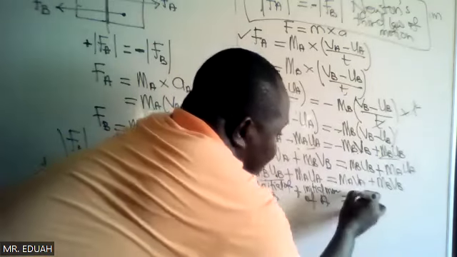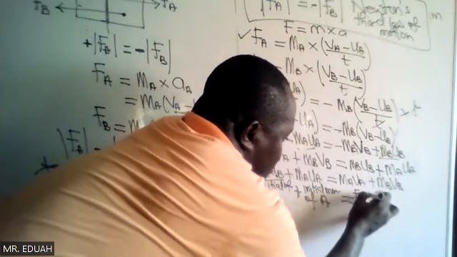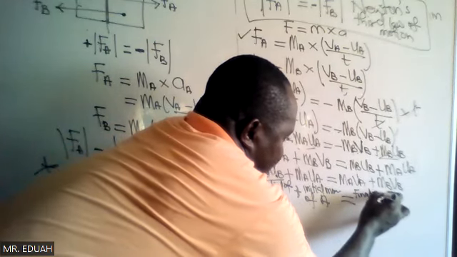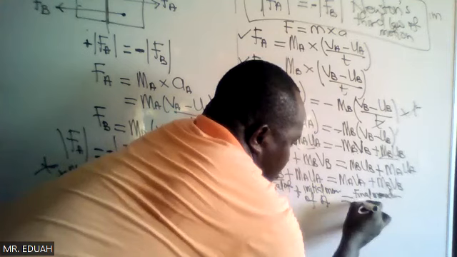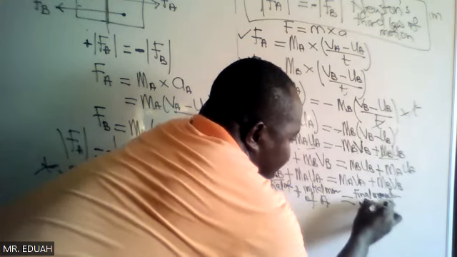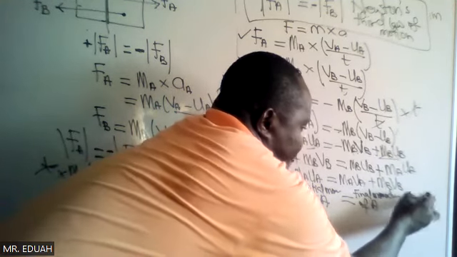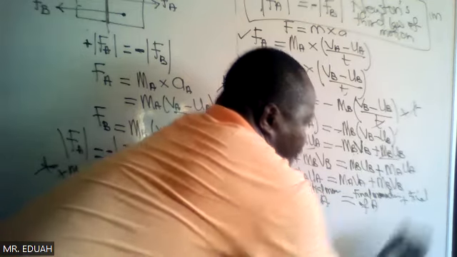So this is the final momentum of A plus final momentum of B.